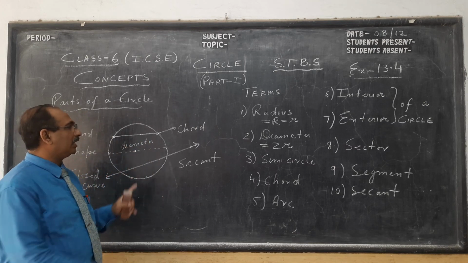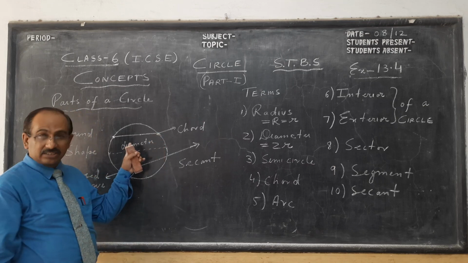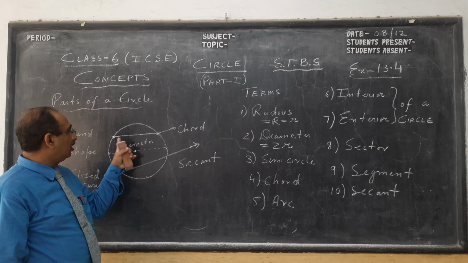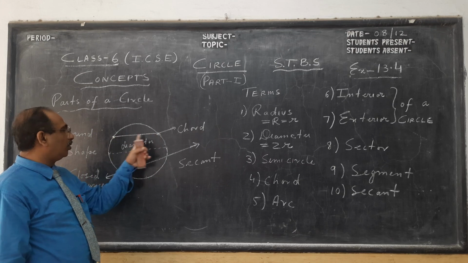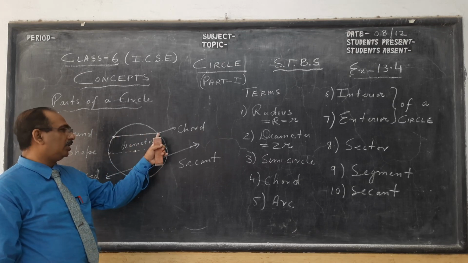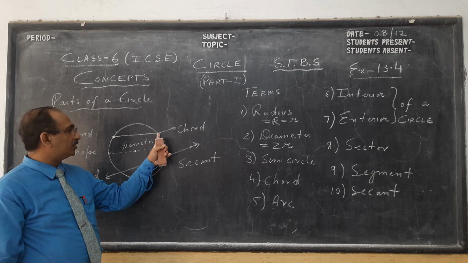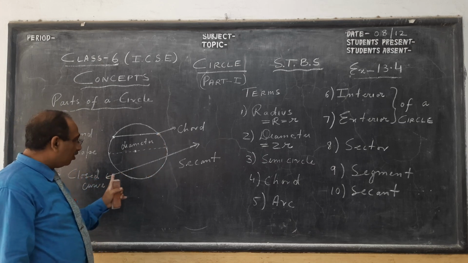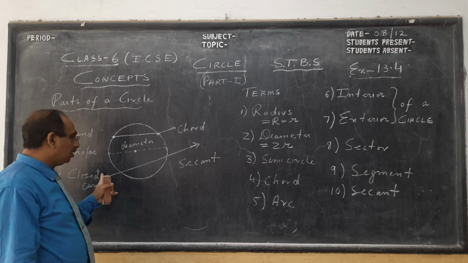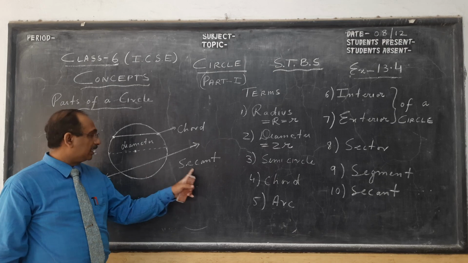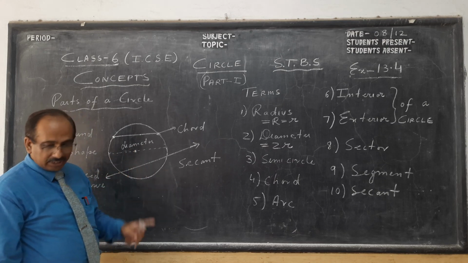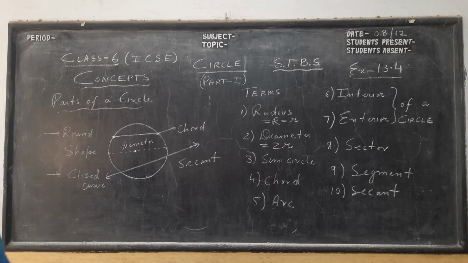So once more, a chord is a straight line, a line segment. It has a fixed length, where 2 points are on the boundary of the circle. A line joining 2 points on the circumference of the circle is called a chord. When a chord passes through and through, it's called a secant. If it passes through the center of the circle, it's called a diameter.